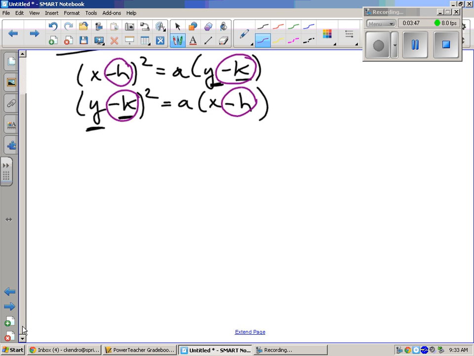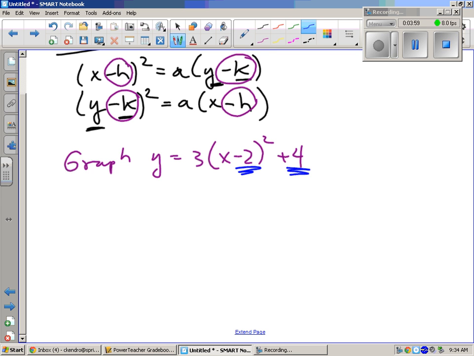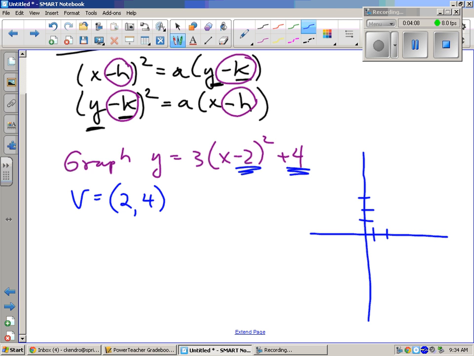Graphing, let's look at that. If I wanted to graph y equals 3(x minus 2) squared plus 4, first thing you want to do is look for your vertex. That's this and this. So my vertex is (2, 4). So I'm going to go over to my grid, go over 2 and up 4, and plot a point.